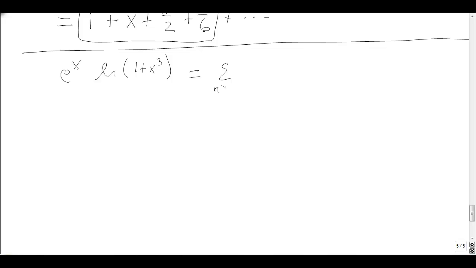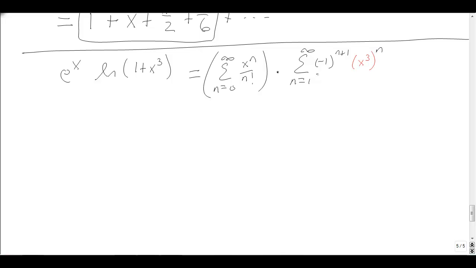This is the sum n equals 0 to infinity, x to the n over n factorial. That's my series for e to the x. And then natural log is a sum n equals 1 to infinity, negative 1 to the n plus 1, x to the n over n, but I don't have natural log of 1 plus x. I have natural log of 1 plus x cubed. So that 1 plus is part of the natural log power series.